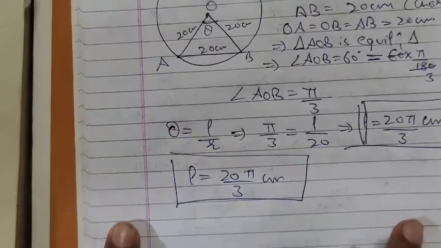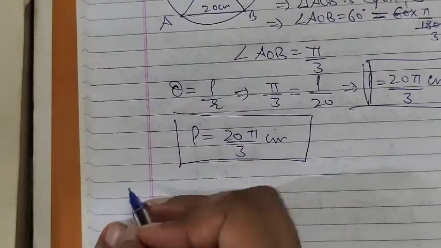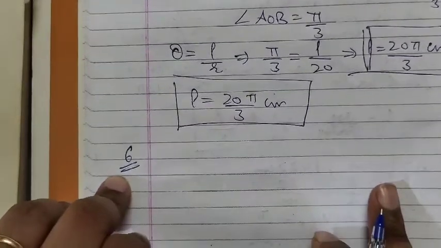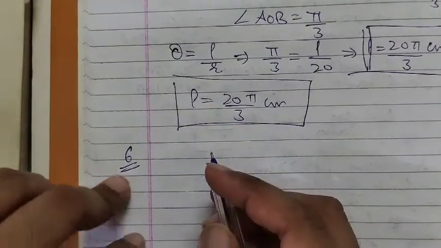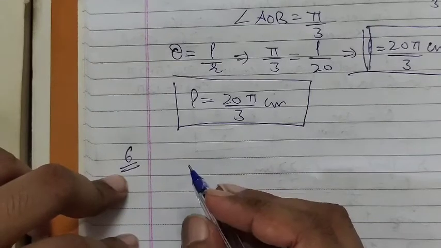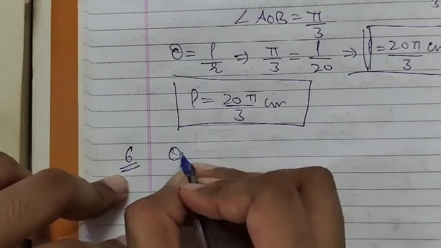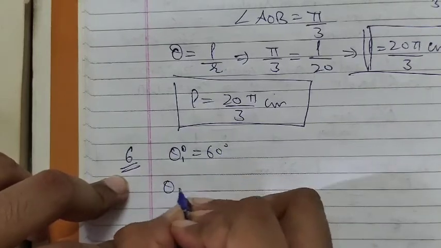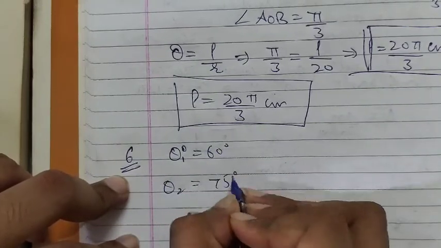Next, sixth question. In question number 6 we have: in two circles, arcs of the same length subtend angles of 60 degree, so theta 1 is equal to 60 degree, and theta 2 is equal to 75 degree at the center.